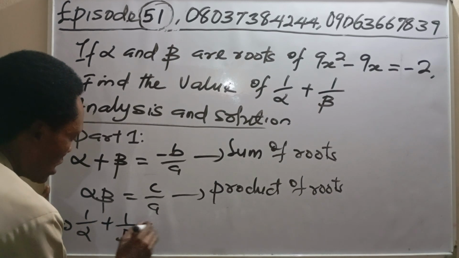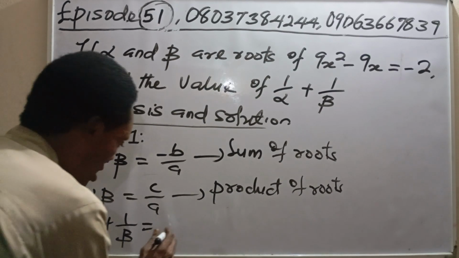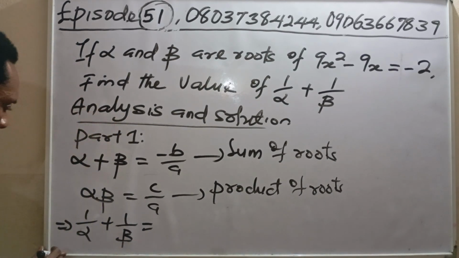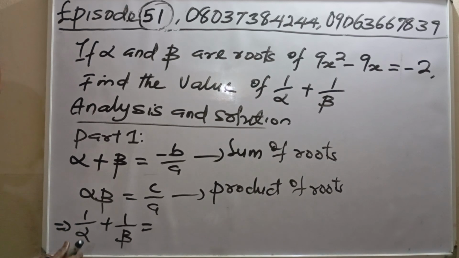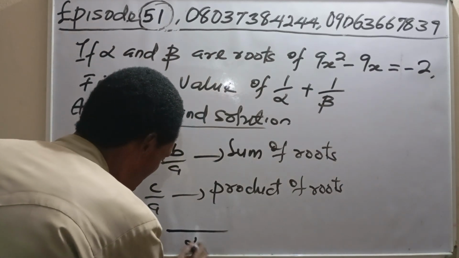So the first thing you look for here is the numerator, which is alpha beta. You have to find the LCM of alpha and beta, which is alpha beta, and not the numerator.